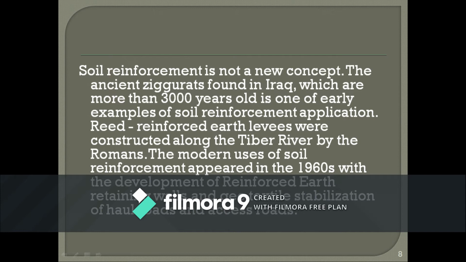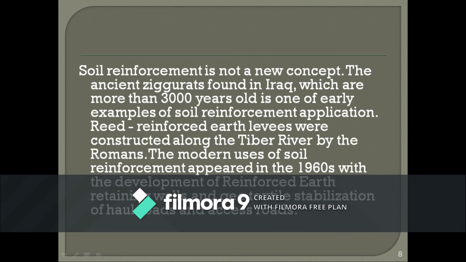So for that reason, this was 3000 years back, and even in Iraq they used it. It means that wherever there are silty soils, sandy soils, or loose particles, you can use this particular method. Reed, reinforced earth levees, were constructed along the Tiber river by the Romans.